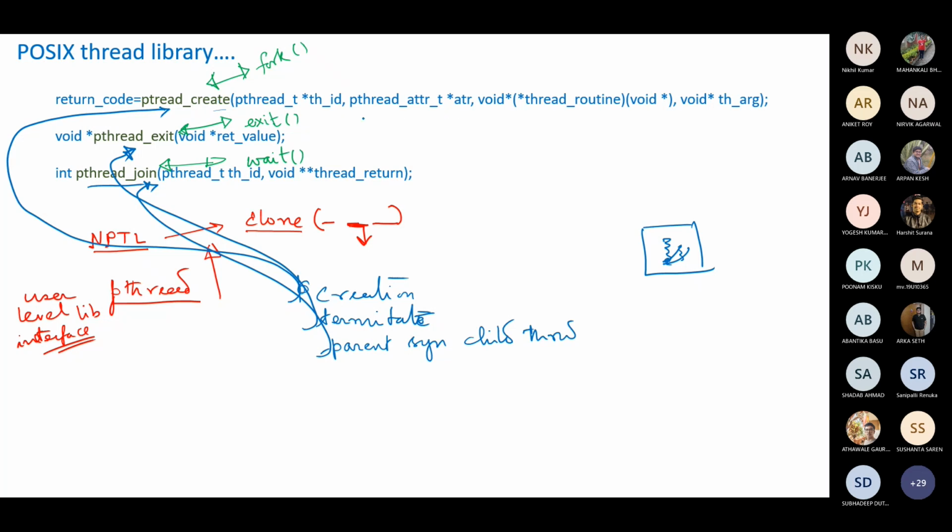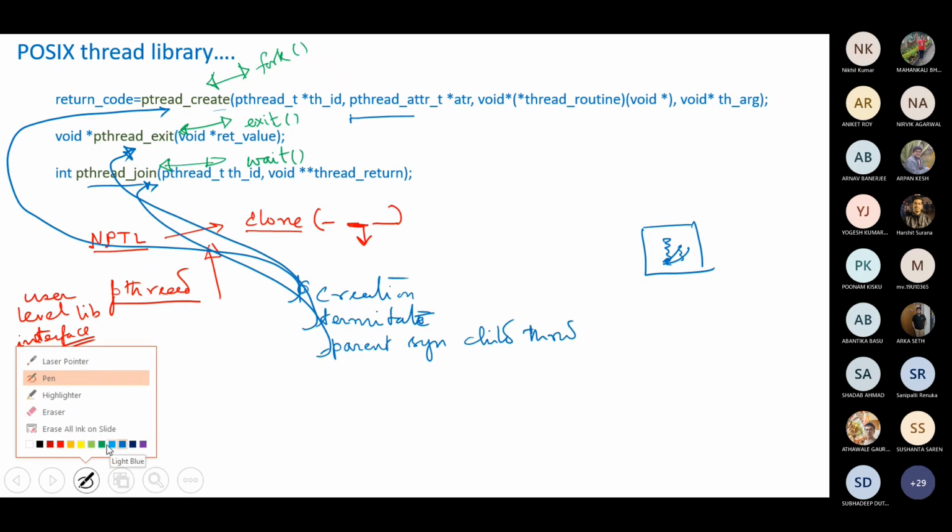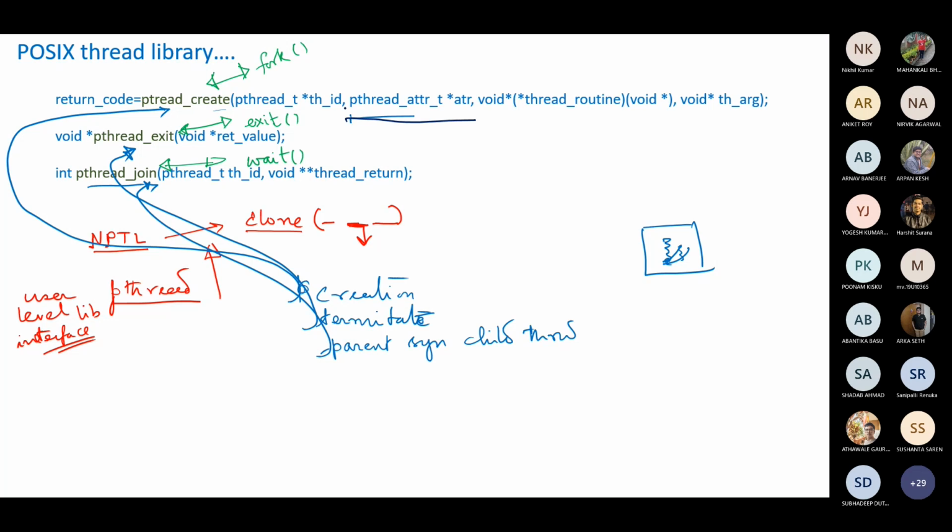So this attribute, this second argument, which specifies the attribute, is where you can place that option: whether you want to make it attachable or detachable. Okay, so this is important.